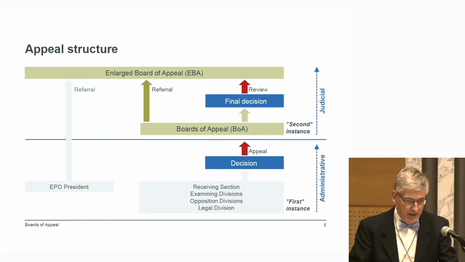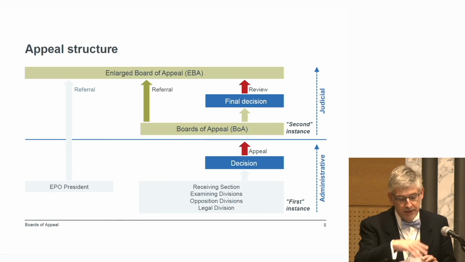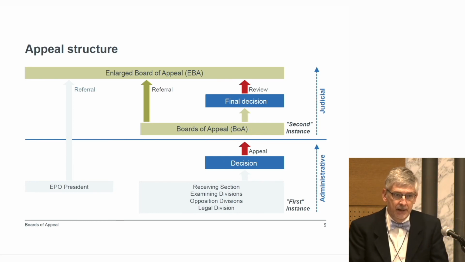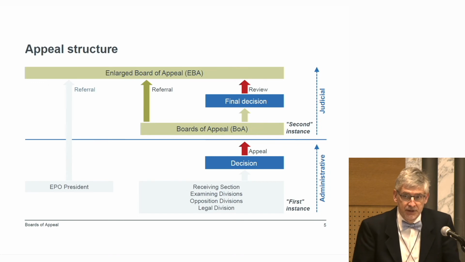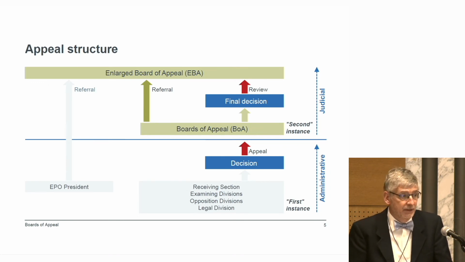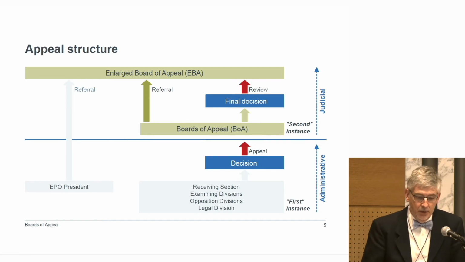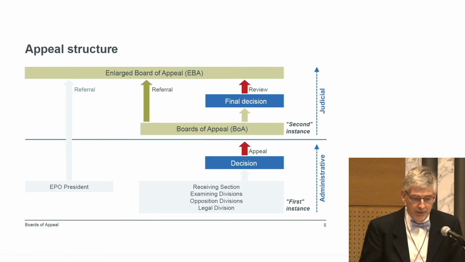Now coming to the appeal structure. What you can see here, you have the line in the middle, the horizontal line in the middle. Below that line, you see the administrative part of the patent grant procedure. That is within the patent office, within the different sections and divisions of the patent office. I'm not explaining the different bodies there, but I think the names are already clear.